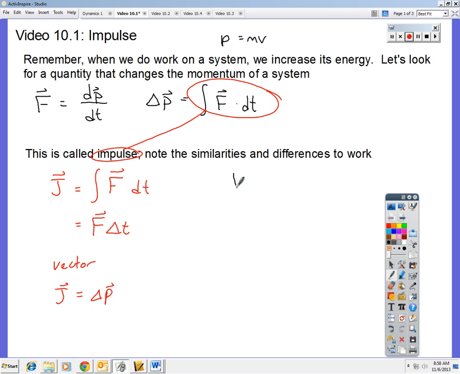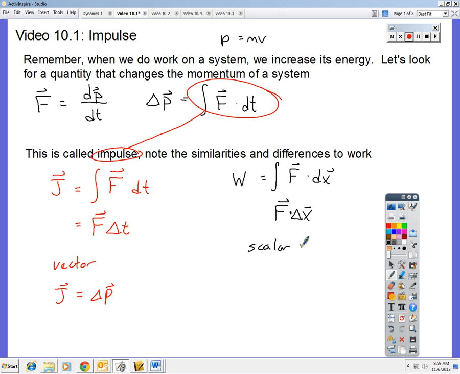Work has a similar form. Work, remember, was F dot dx, or F dot delta x, but there are some differences. In impulse, we have a vector F times a scalar t, and you end up with a vector J. With work, you have a vector F dot product with another vector x, and you get a scalar.